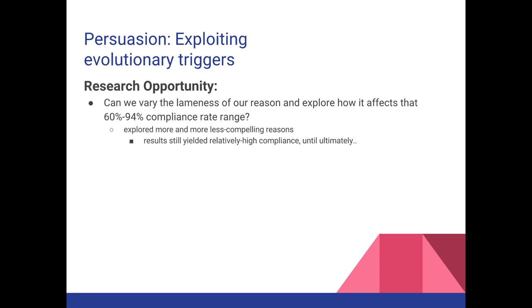And so they had about 60 to 94% compliance, with no reason to very good reason. And so they explored more and more less compelling reasons, increasingly lame reasons. And it's kind of like psychology hacking. I appreciate this study.